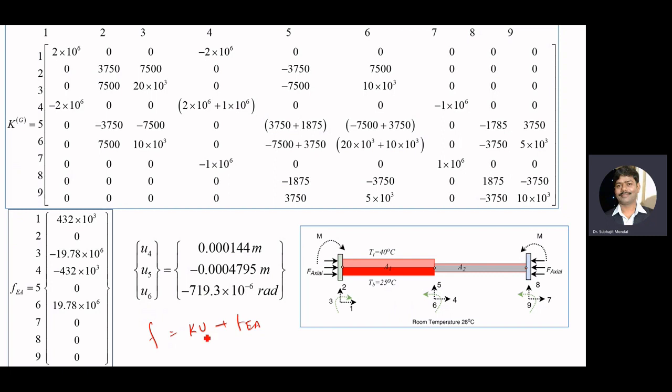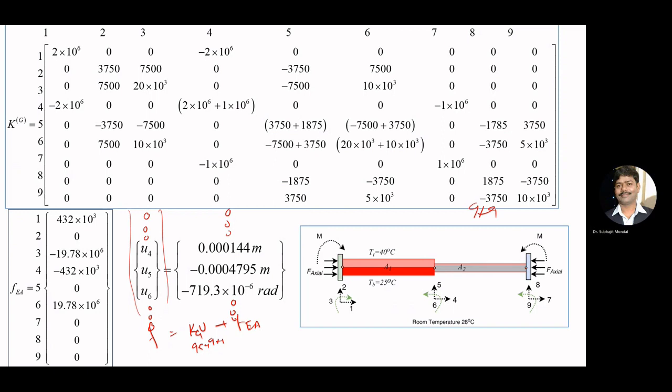So here the global K, Kg, size is 9 by 9, and U will be of size 9 by 1, with the zero entries. The fixed end action is already known to us.